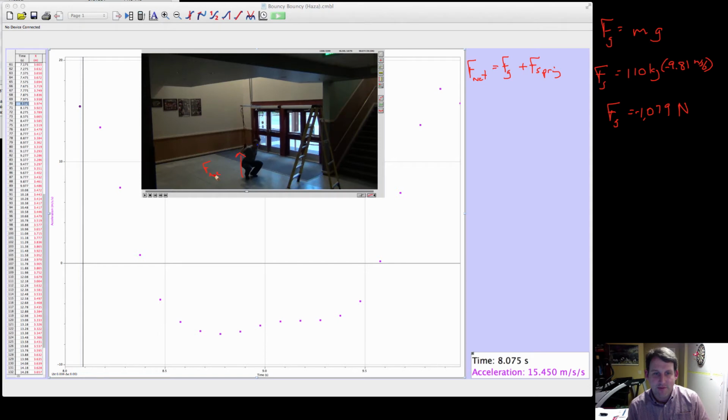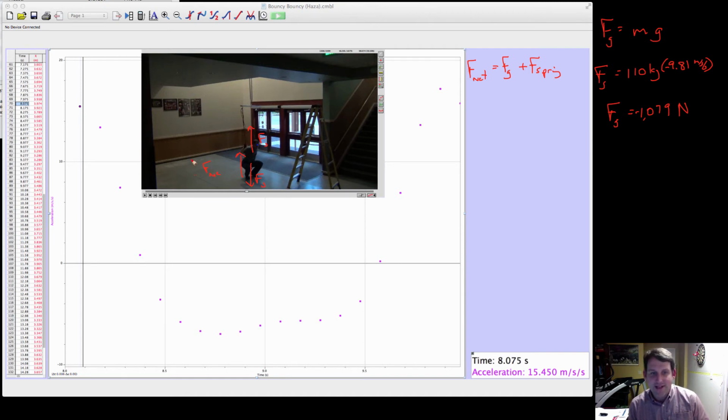And that's actually the force of the floor pushing me up because I'm pushing the floor down. And then there's the F sub g and the F of the spring. So that the net force is my force of gravity and force of the spring all added together, with the F sub g being a negative number and these two being positive numbers.